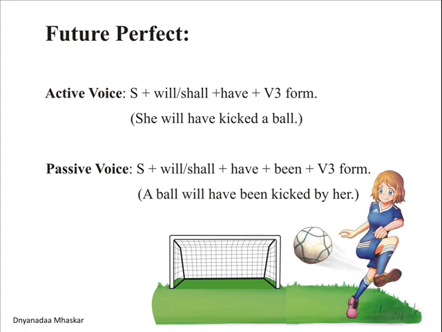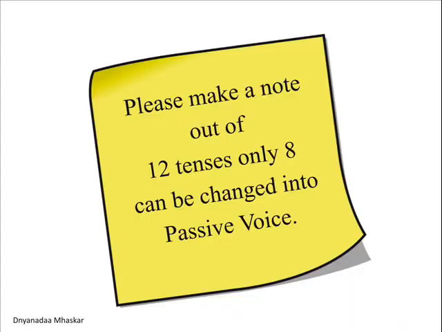So dear students, in order to remember this, if you remember the forms, and basically if you are really very good in verbs, you will not face any problems whatsoever. Even if you have seen there are verbs written in slash form, has, have, is, am, are, these indicate that you should also be thorough with subject verb agreement. Please make a note. Out of 12 tenses, only 8 can be changed into passive voice.